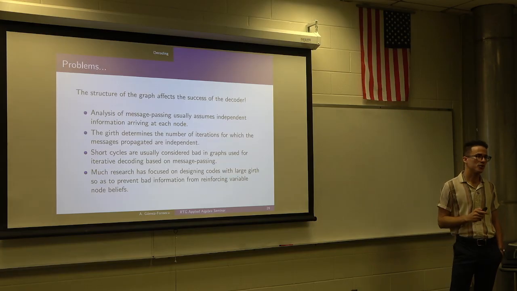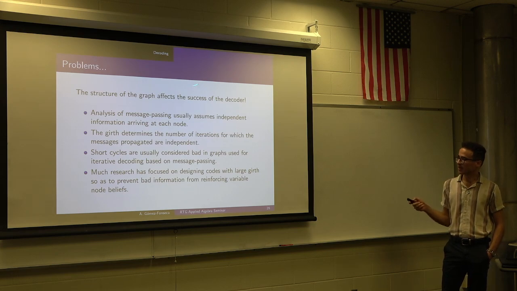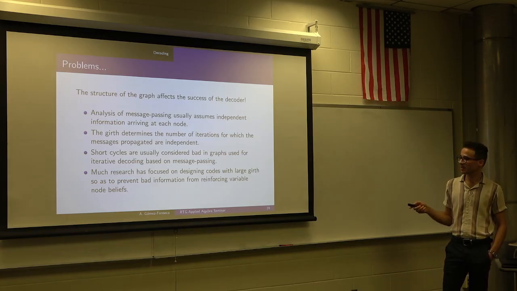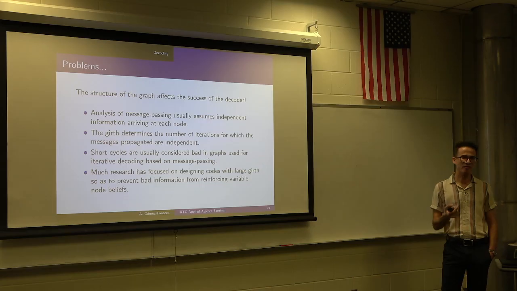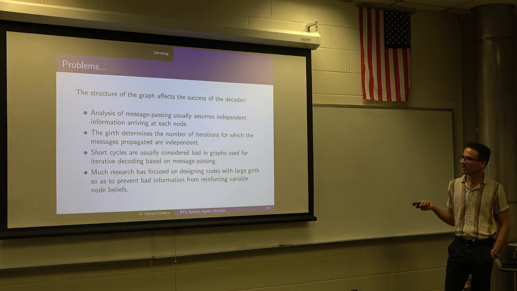Now, there's a problem when you do decoding on an LDPC code, because there are some structures in the graph that affect the decoder. Usually these message passing decoding algorithms assume that the information incoming from one node to another has been produced independently.